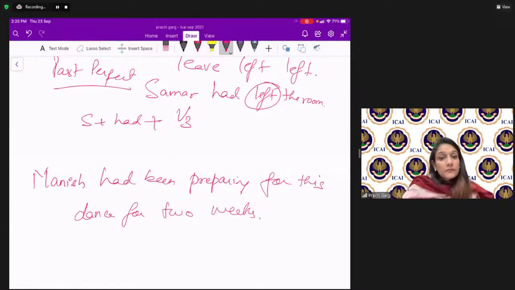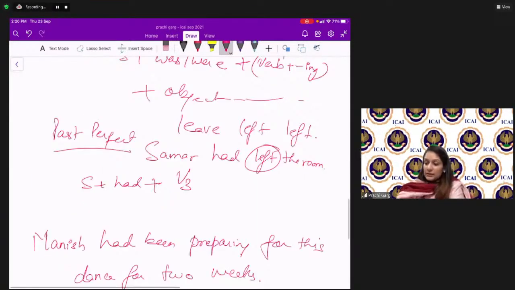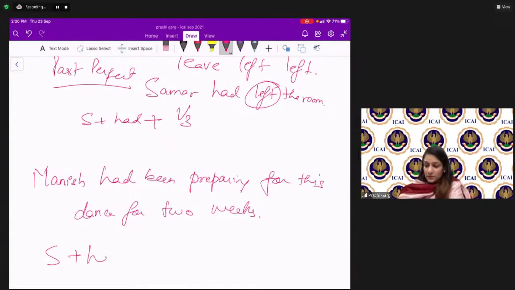This is a mix of past perfect and past continuous, so the sentence structure will be almost a combination of both. The structure is the subject, which is Manish here. Then we add had, because this is past, of course. This is perfect continuous, so we use been here.